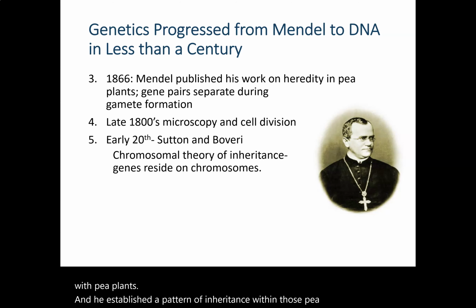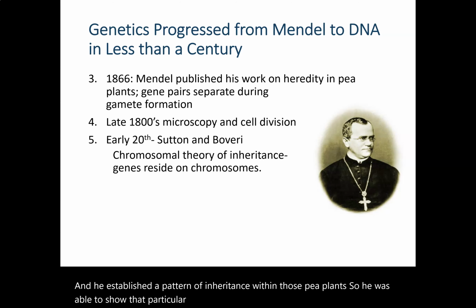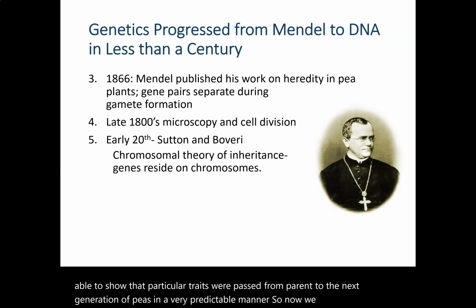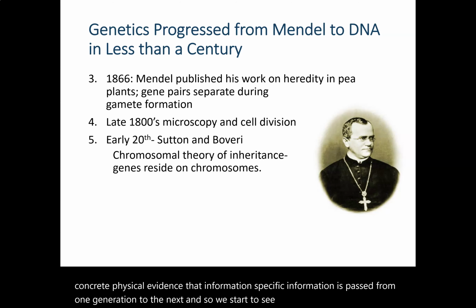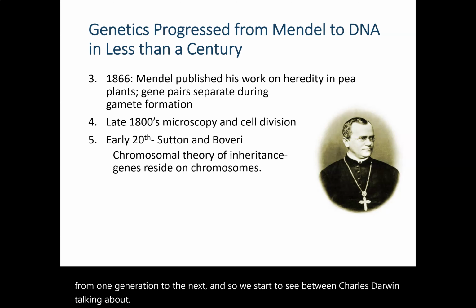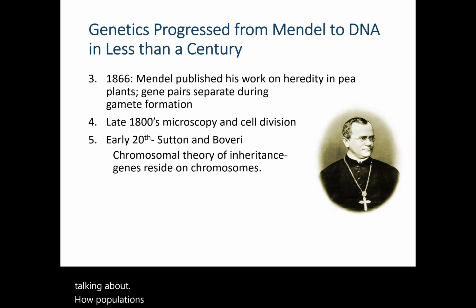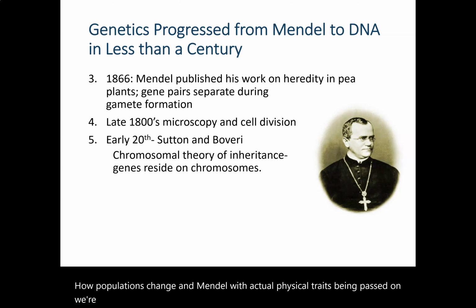So he was able to show that particular traits were passed from parent to the next generation of peas in a very predictable manner. So now we have some bit more concrete physical evidence that information, specific information, is passed from one generation to the next. And so we start to see between Charles Darwin talking about how populations change and Mendel with actual physical traits being passed on, we are starting to see the beginnings of this idea of genetics.